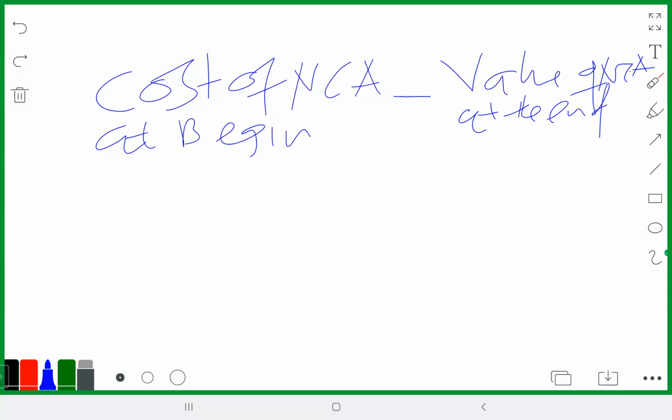So you get it, right? Cost of non-current asset at the beginning, minus the value of non-current asset at the end.